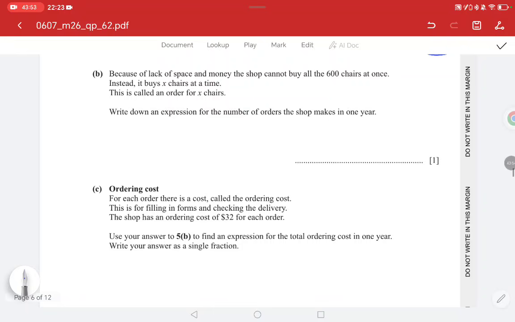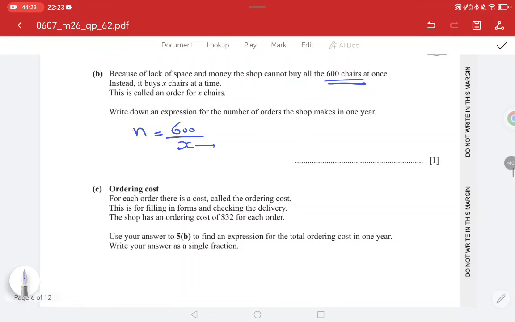If they make one order, it means they will take 600 chairs once. If they make 2 orders, it means 300 each, and so on. So to find the number of orders, it should be 600, what we need, divided by the number of chairs per order.